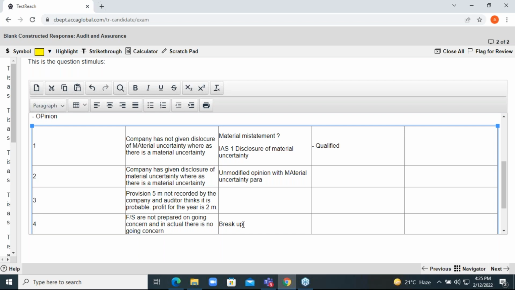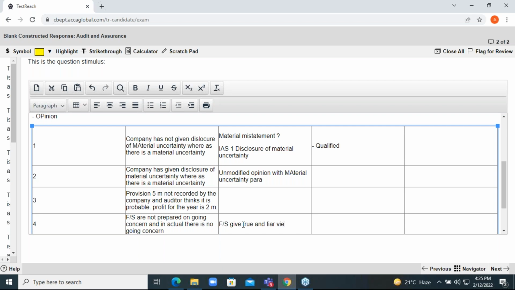Then we would claim that this is a material misstatement. But the fact that in actual there is no going concern and financial statements are not prepared on going concern means that financial statements give true and fair view.